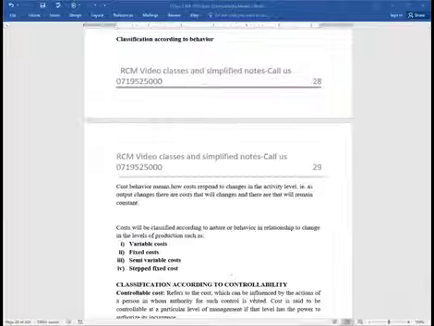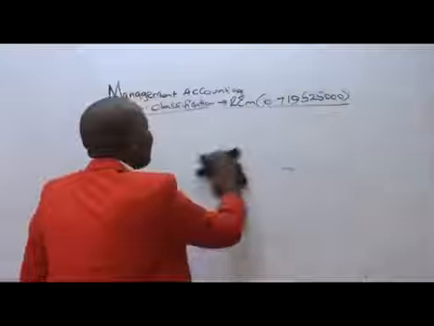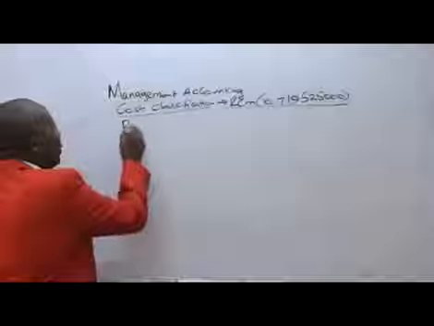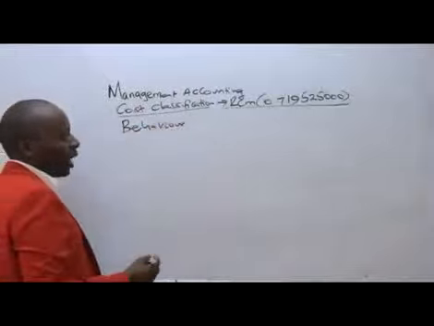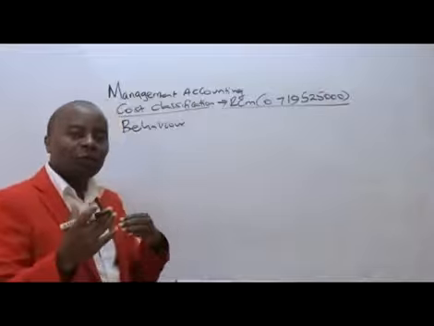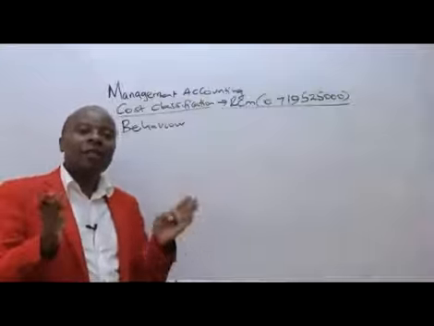The most important thing to appreciate in terms of behavioral classification is how they behave. You know, there are those costs that change as output changes. There are those costs that are ever static.